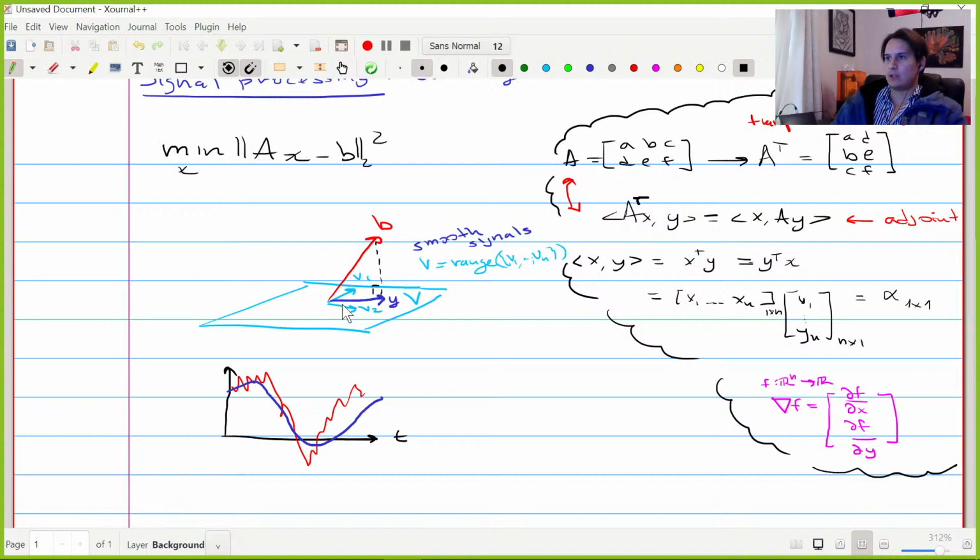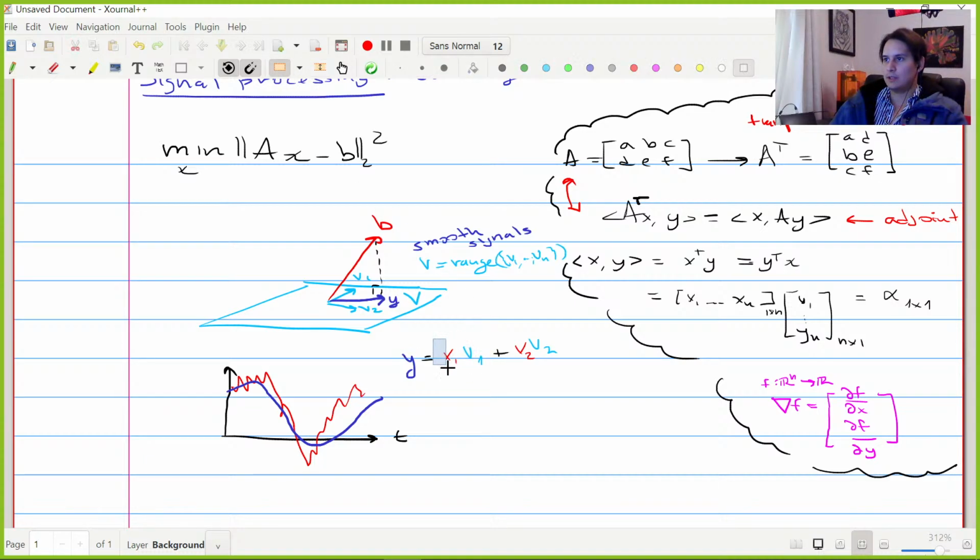Okay, so the orthogonal projection, in this case y, can be written, I'll just use two vectors to make it more simple, as a coefficient, in this case x1, times the vector v1, plus another coefficient x2 times v2. So basically I'm trying to write my noisy signal.